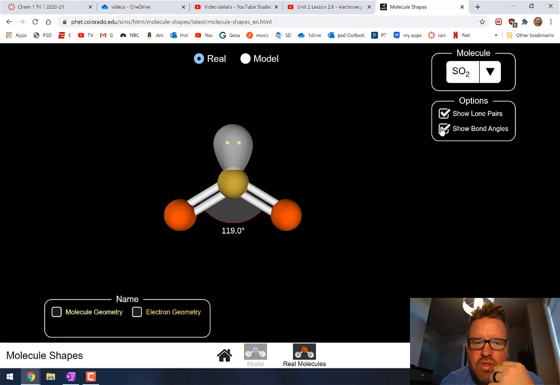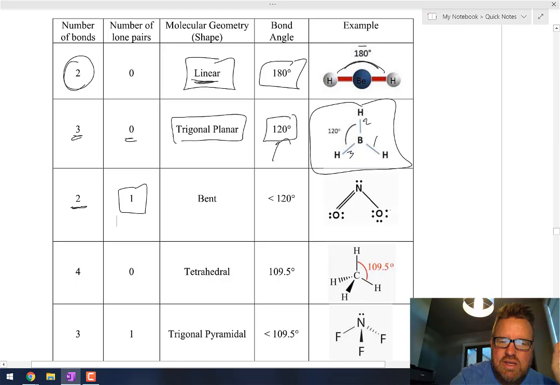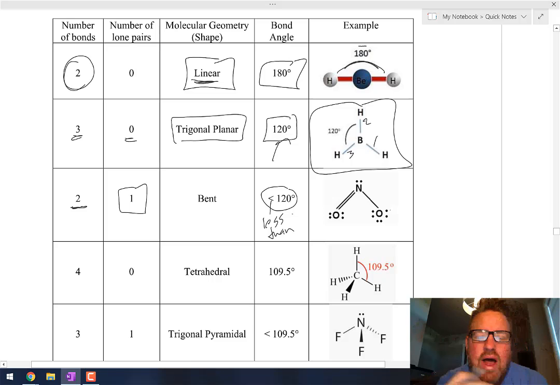If I show those bond angles, notice that the bond angle is a little bit less than 120. Now you don't need to remember that number. Even notice in the notes that when I say it, I don't say 119. I say, it's a little, that means less than. A little bit less than 120 degrees.